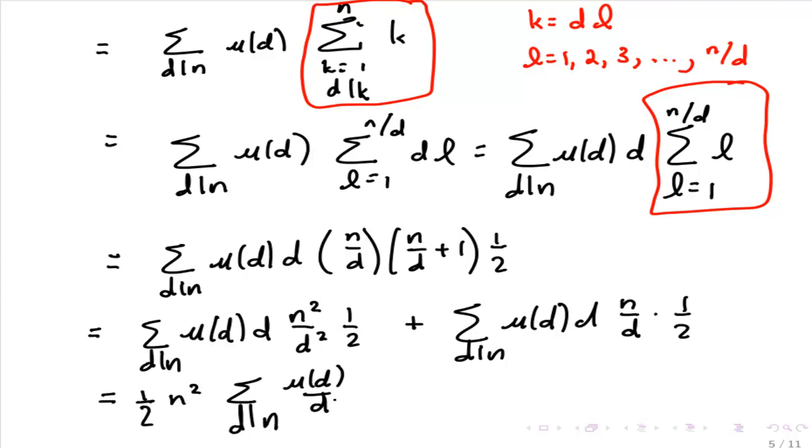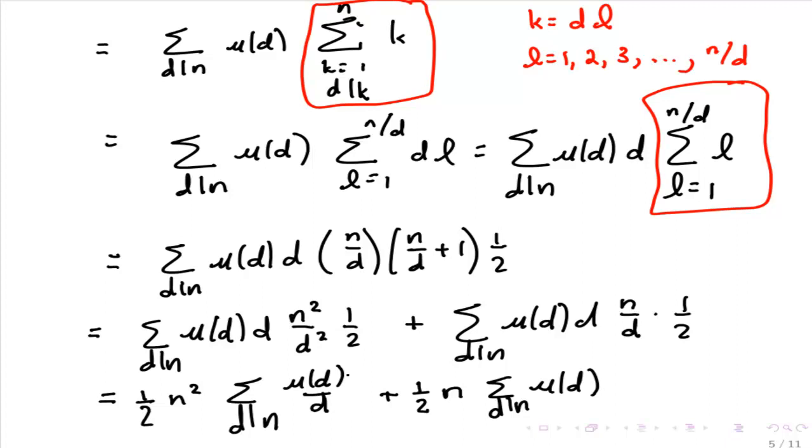Okay, that's a familiar looking quantity. And on the second piece, I've got a 1/2 with an N. The D's cancel out, and I'm just left with sigma D divides N of mu of D. And that's also a familiar looking quantity. So what do we get here?